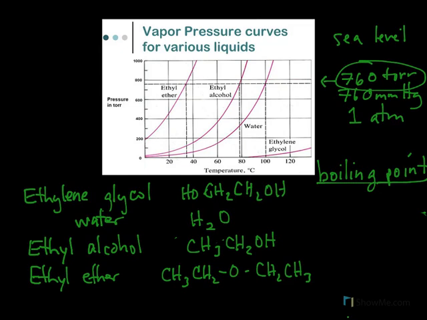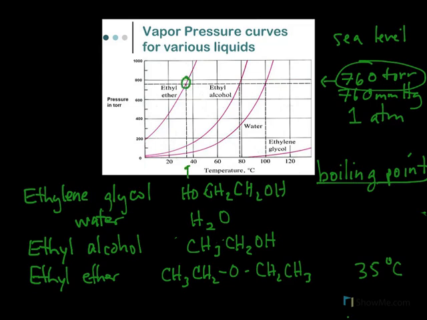When each of these lines intersects the 760 torr, and you go down to the x-axis, that is the boiling point of that liquid. For ethyl ether, it is going to be around, I would say, 35 degrees Celsius, right there.